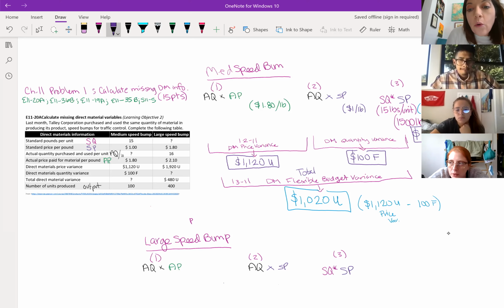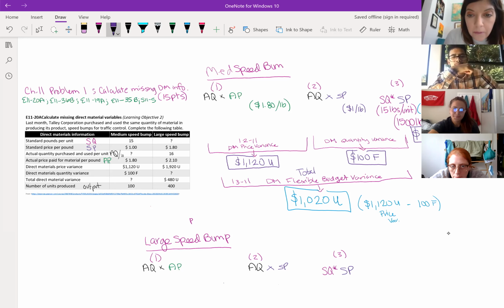And the total direct materials flexible variance is the combination of these two variances. If you have 100 favorable and a 1,120 unfavorable, you net the two to get to your flexible budget variance. Oh, okay.